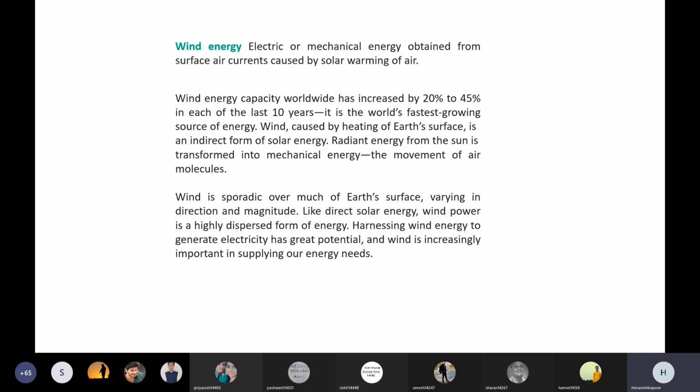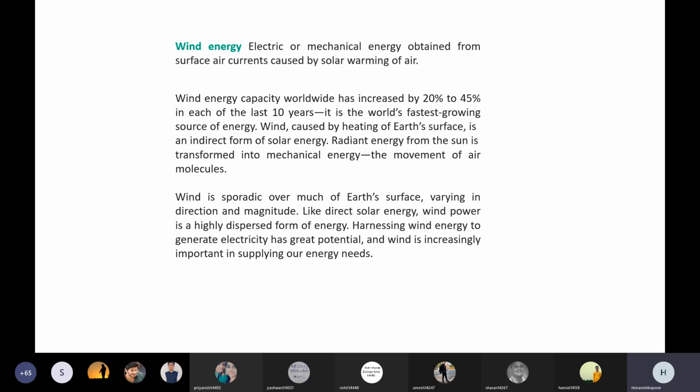Now coming to another source of renewable energy, that is wind energy. So how is wind used as a source of energy? The high speed moving winds, due to their motion, possess a lot of energy.